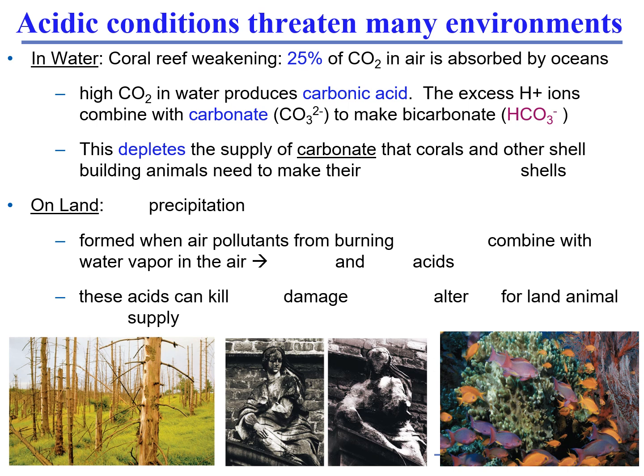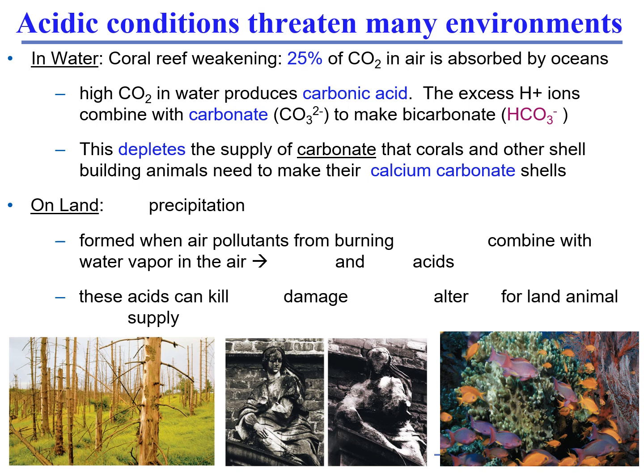So this depletes the supply of carbonate that corals and other shell-building animals need to make their calcium carbonate shells. This often results in coral reef weakening, and you may have heard of coral reef bleaching, which is when these coral reefs sadly die and lose their color.